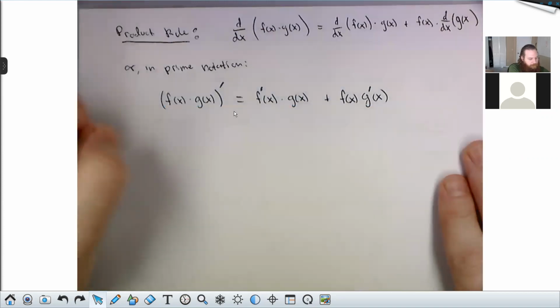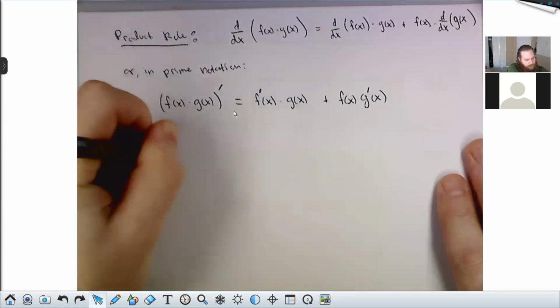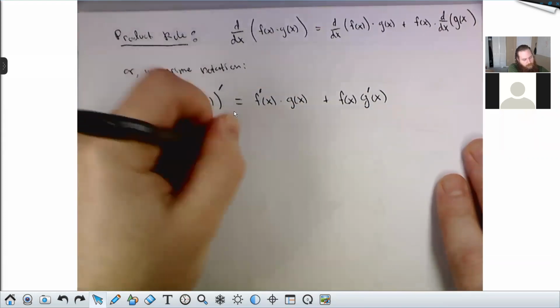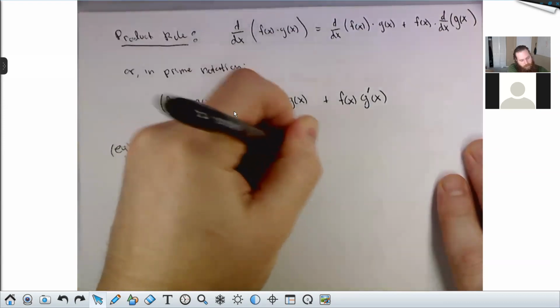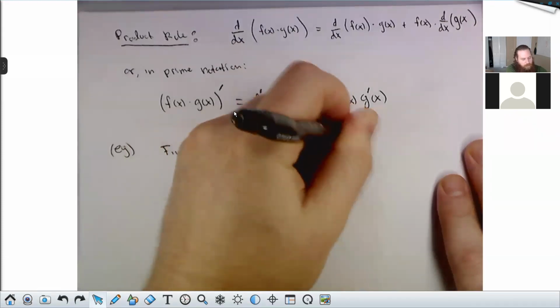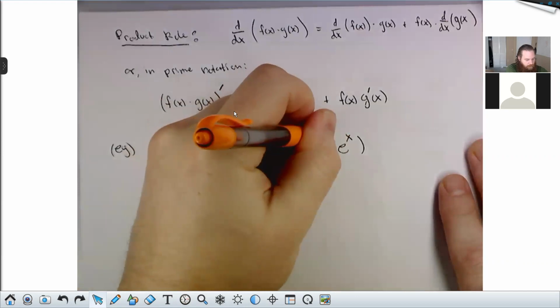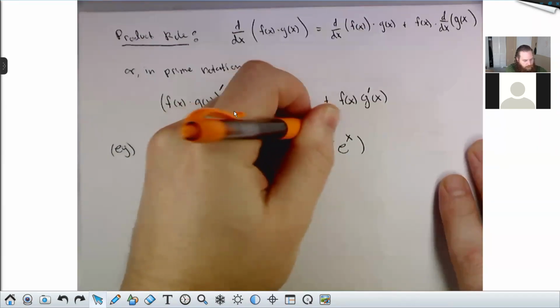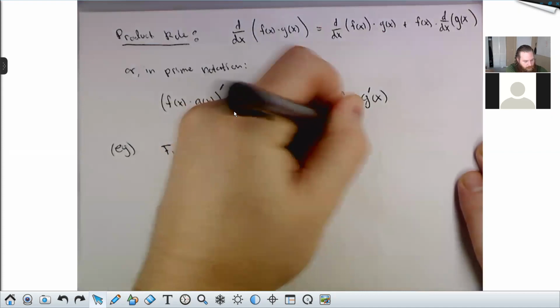So an example here, if I wanted to find the derivative d dx of x squared e to the x, I can kind of think of this as f, and e to the x is g.